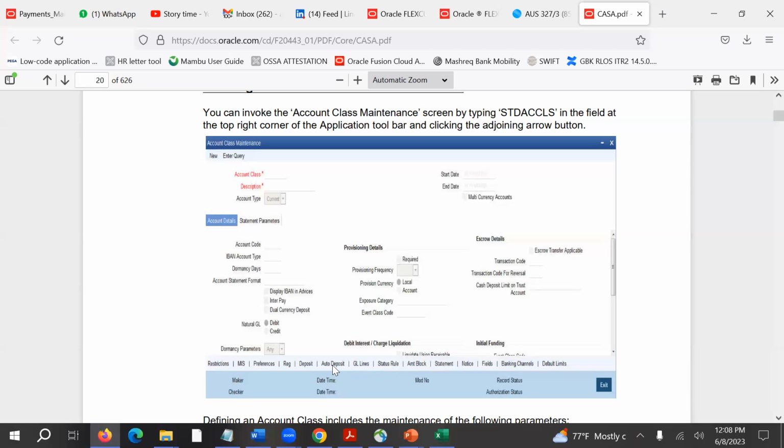And auto deposit, in case of a savings account, if it exceeds a certain balance. You might have come across certain variants in your normal life, where they give a super saver account. The moment you maintain some extra balance in your account, that extra balance is automatically converted to a TD, which gives more interest.